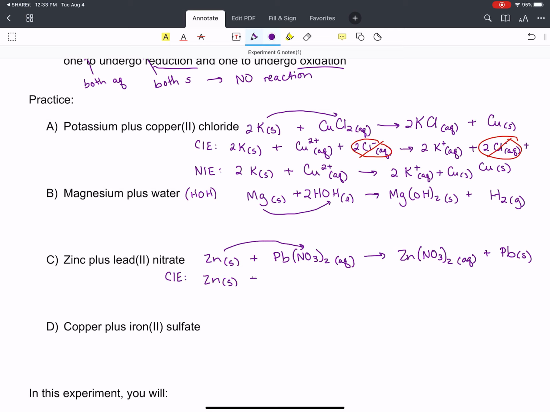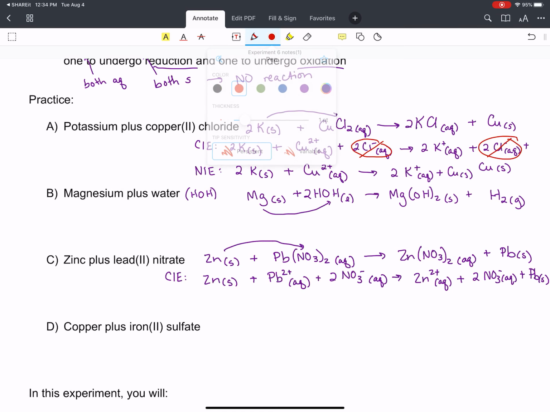Zinc reacts with lead 2+ ions. We also have 2 nitrate ions present. On the product side, we have zinc 2+ ions, so notice the charge, and 2 nitrate ions, and lead in the solid state.